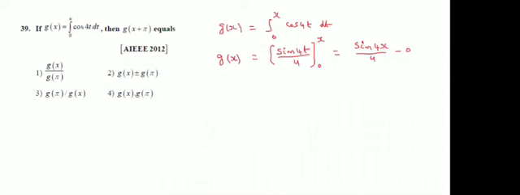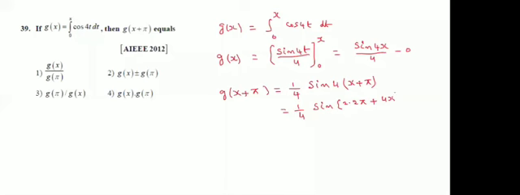Now g of x plus pi they are asking. See, g of x plus pi. Just in place of x, write x plus pi. 1 by 4 sine of 4 into (x plus pi). 4 pi means I am writing 2 into 2 pi, plus 4x. 2 pi means 360. 2 into 2 pi means 2 revolutions completed.